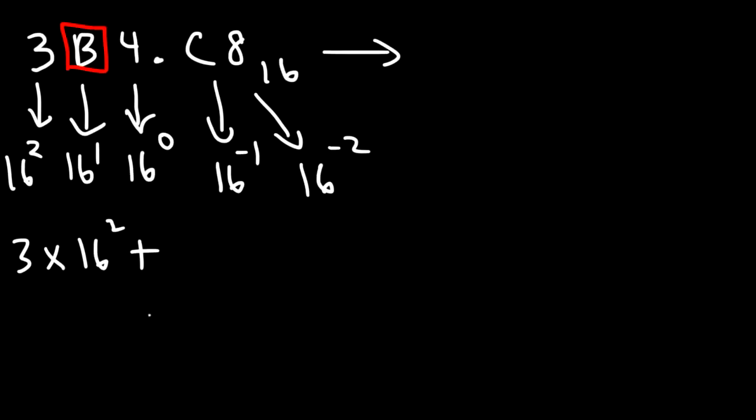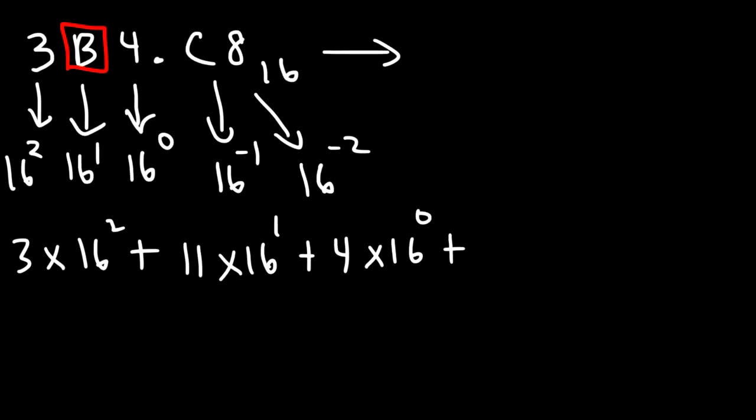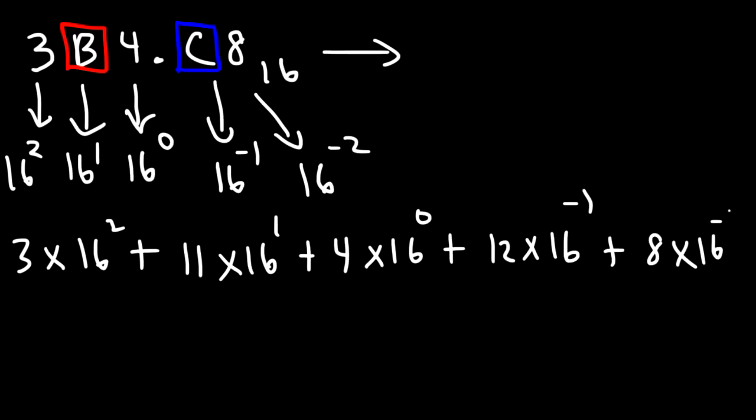B corresponds to 11, so that's 11 times 16 to the first power, and then plus 4 times 16 to the 0 power. Now we need to change C. C corresponds to 12, the next number beyond 11, because C comes after B. And so that's going to be 12 times 16 to the -1, and then 8 times 16 to the -2.